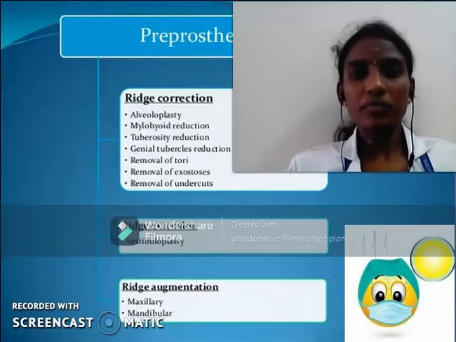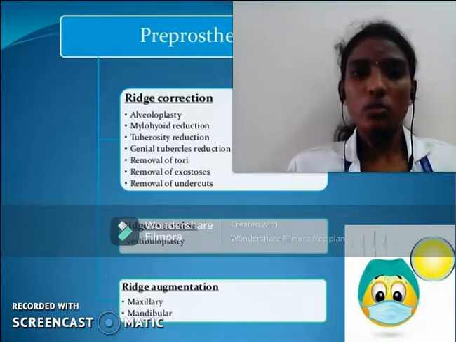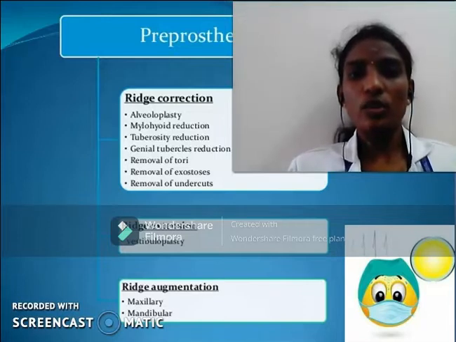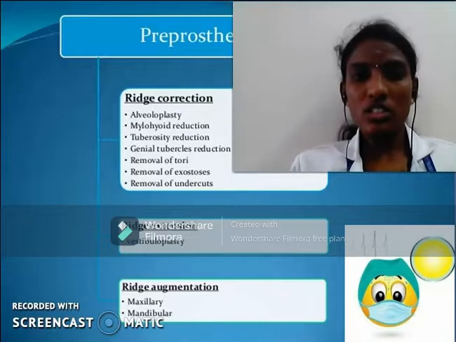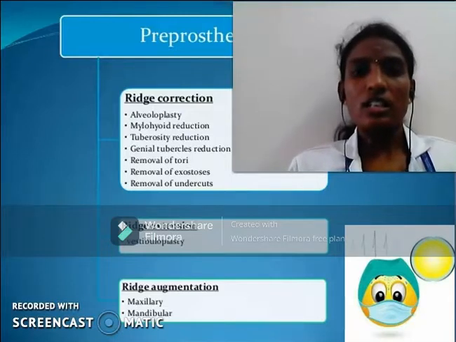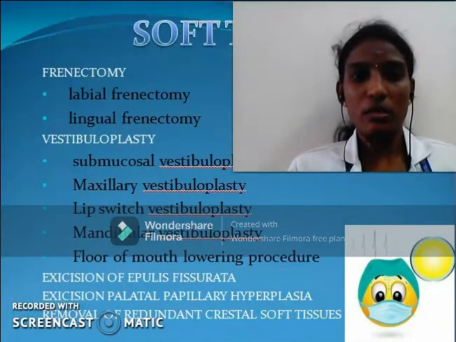Ridge correction includes alveoloplasty, mylohyoid reduction, tuberosity reduction, genial tubercle reduction, removal of torus, removal of exostosis, and removal of undercuts. In ridge extension, vestibuloplasty is done, and in ridge augmentation, maxillary and mandibular ridge augmentation can be carried out.